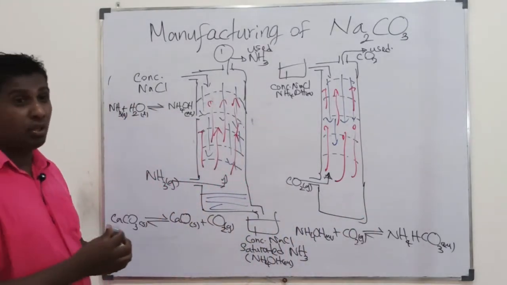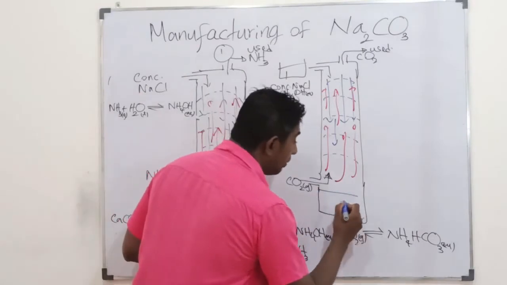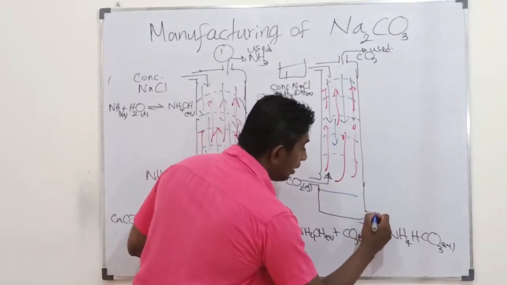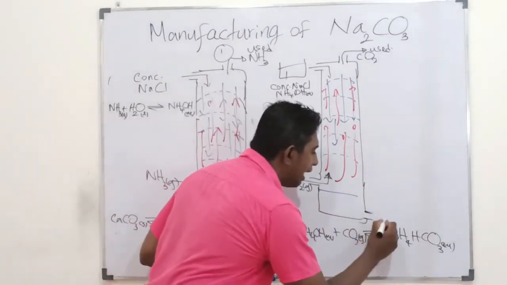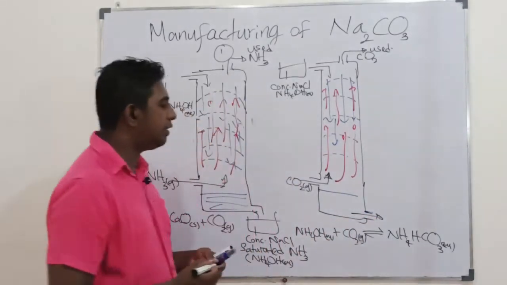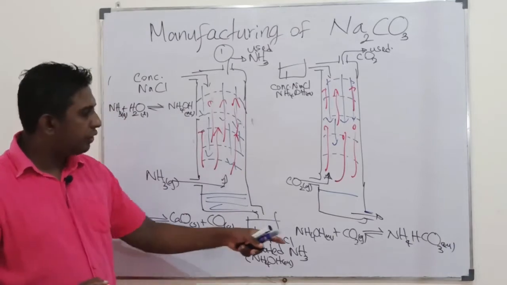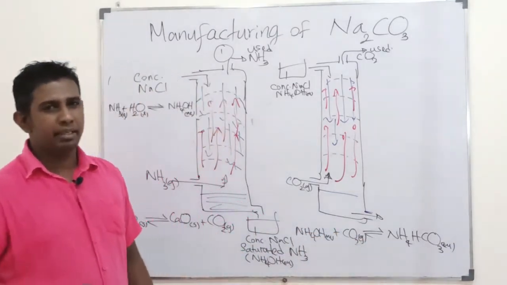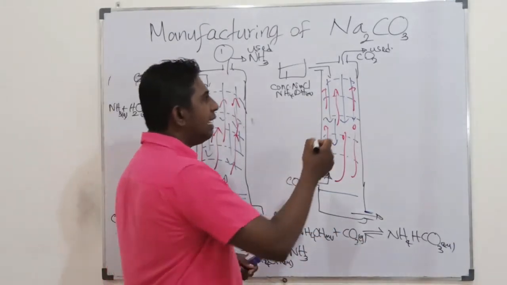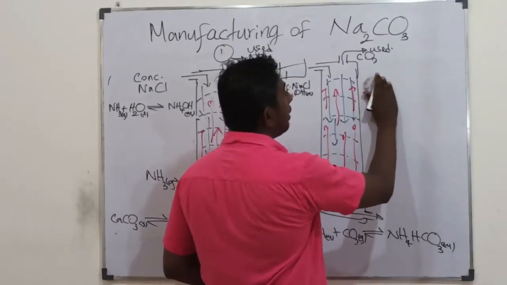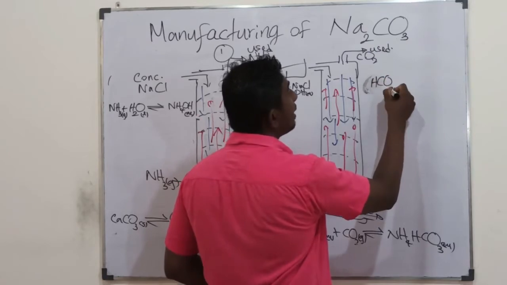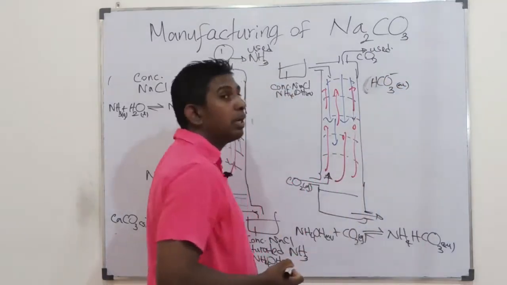Now the second solution you collect at the bottom has all these things done. If you have ammonium bicarbonate, there is an increased concentration of bicarbonate, a high concentration of bicarbonate.